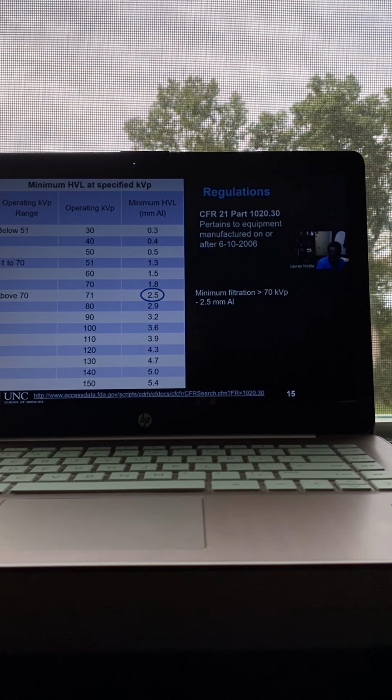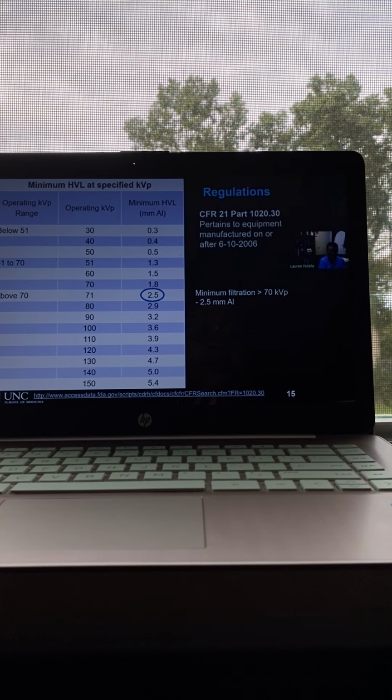Then when testing is done, as long as you can insert 2.5 millimeters worth of filtration in between the collimator and the table, that 2.5 millimeters, if it absorbs half of the radiation output, you know there's an adequate amount of tube filtration. I will show you tomorrow in lab what these sheets look like and kind of how they set them up so that you have an idea as to what this configuration would look like.